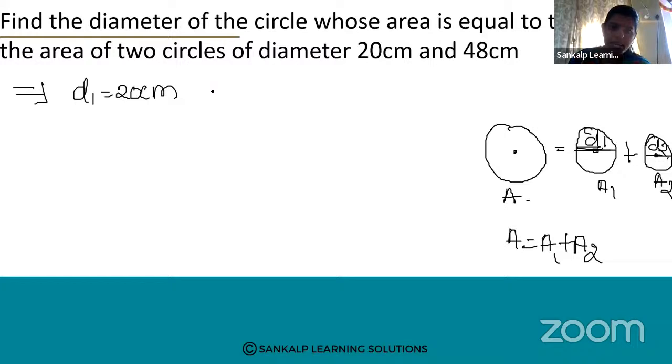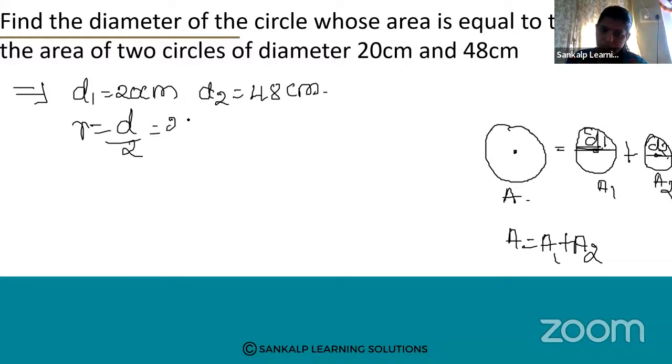So D1 and D2 are 20 centimeter and 48 centimeter. Therefore, R is D divided by 2. 20 divided by 2, 2 ones are 2, 2 tens are 20. Therefore, R value, the radius, is 10 centimeter.